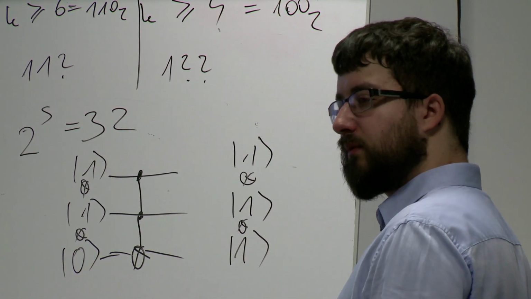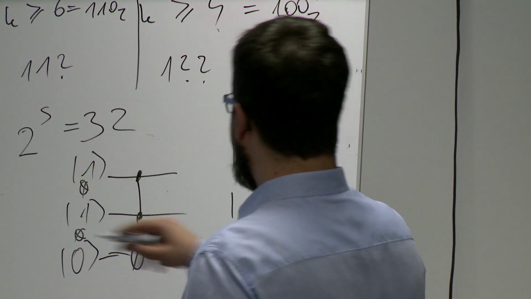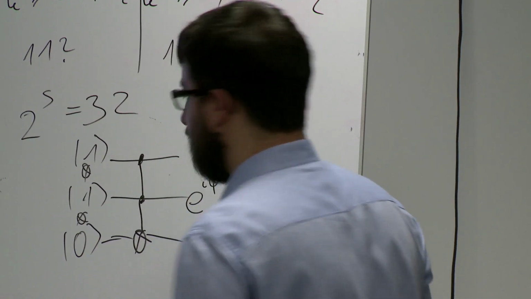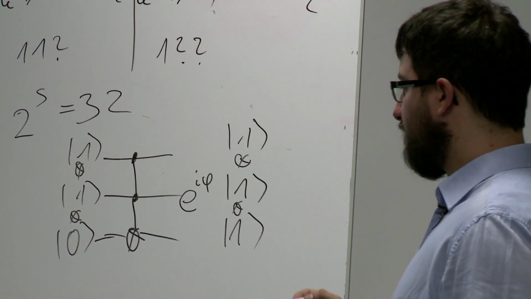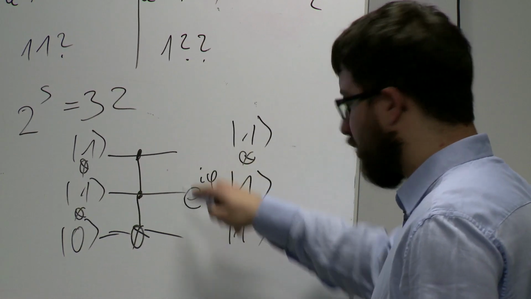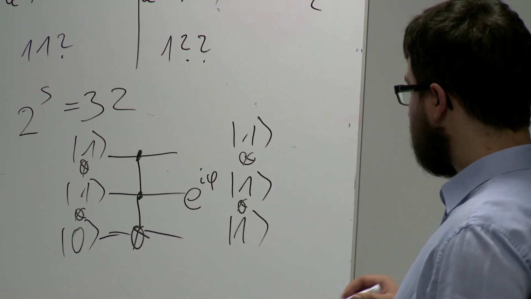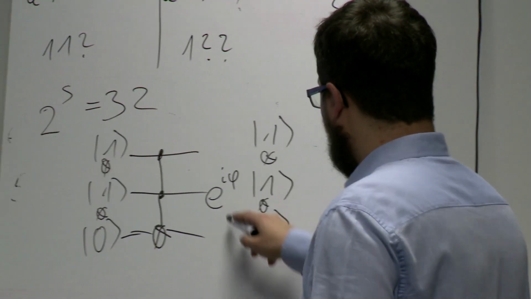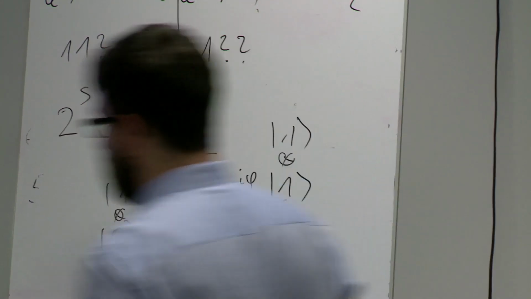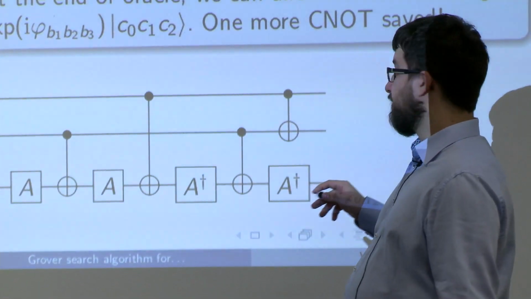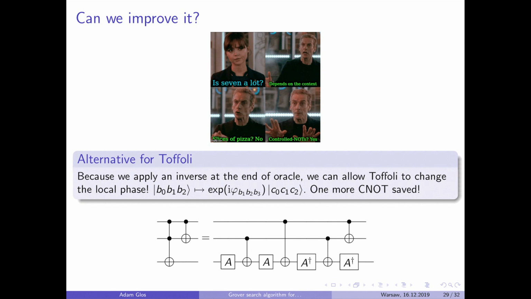Let's say that we allow our Toffoli gate to change each basis state by some local phase. This is again very quantum. It turns out that if we allow this change, then we can save another control node in our decomposition, which is again a huge improvement.